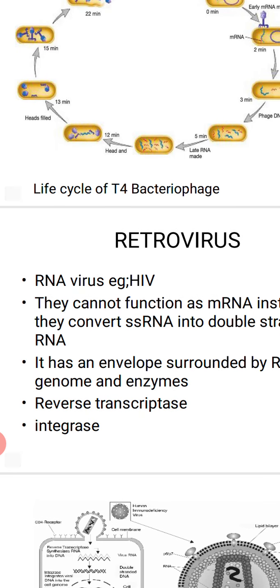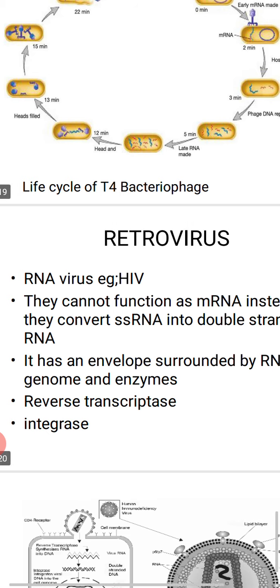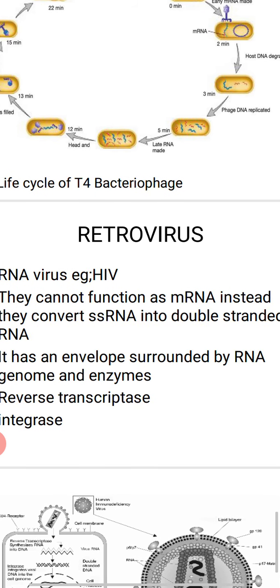Then retrovirus. A retrovirus is a complex virus. It is an RNA virus which causes HIV, human immunodeficiency syndrome, and this is the HIV virus, human immunodeficiency virus. They cannot function as mRNA.